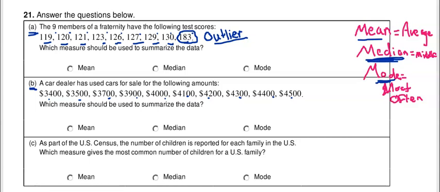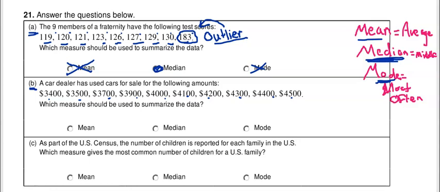So you can't do that. So if you have an outlier, you can't use the mean, you can't use the average. The mode doesn't look like it's going to be that effective because there's nothing that happens more than once. So that one's no good. So in this situation, the median or the number in the middle will be the best answer.